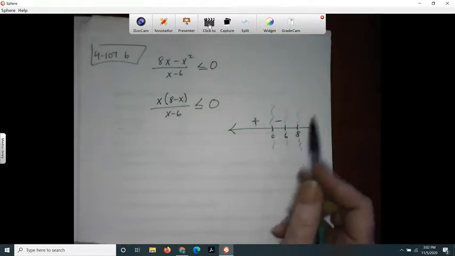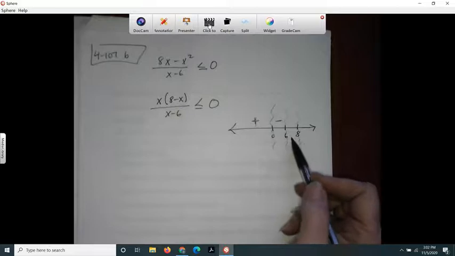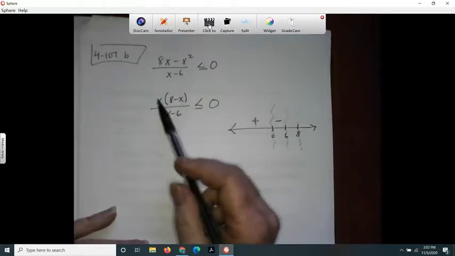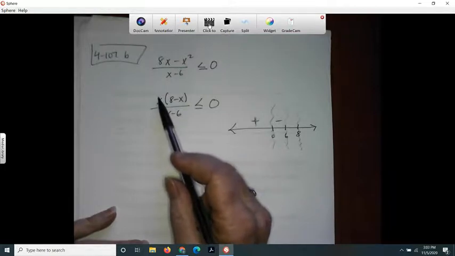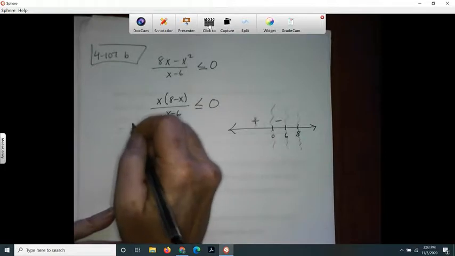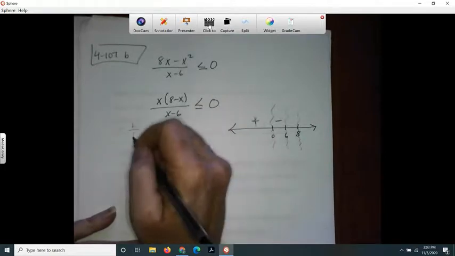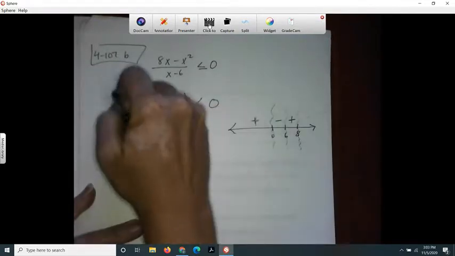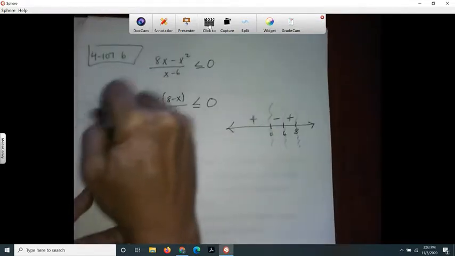So between 6 and 8, 7 is a nice number. So try to do it in our head. 7, that's going to make this positive and this positive. So we'll have a positive numerator and a positive plus. Okay, and then 9 would be a nice number to check. That to the right of 8 would be 9.